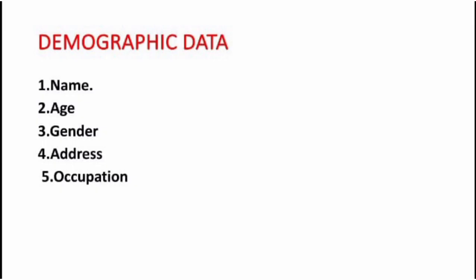So first we are going to see about demographic data. Name, age, gender, address and occupation of the patients all come under demographic data. Name is used to identify the patient. Age is used to find age-related disorders. In children, it is used to find congenital disease, and in old people, it is used to find senile disease.